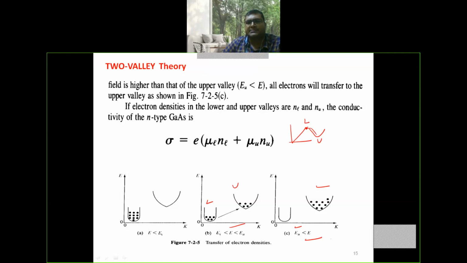In this region, the device behaves as a negative resistance. Here, when the electrons move from the lower valley of the conduction band to the upper valley of the conduction band, the electron mobility decreases. That will in turn reduce the conductivity.